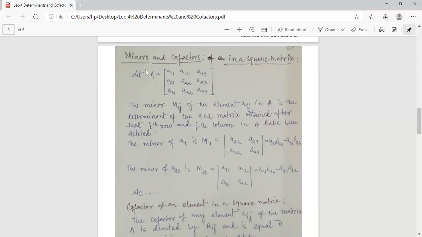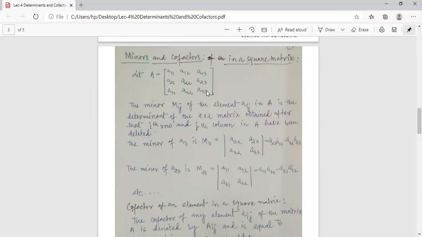Similarly, if we are asked to find the minor of the element A22, then just delete the corresponding row and corresponding column of A22. So just remove this row and this column, and you have this submatrix of order 2, that is A11, A13 and A31, A33.